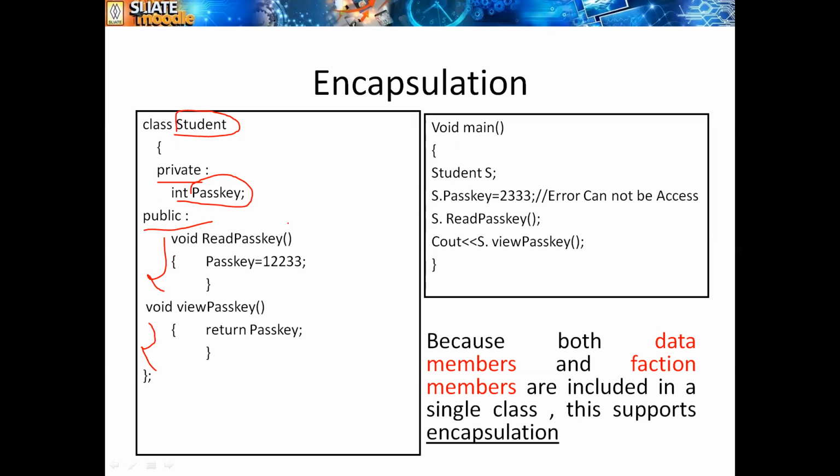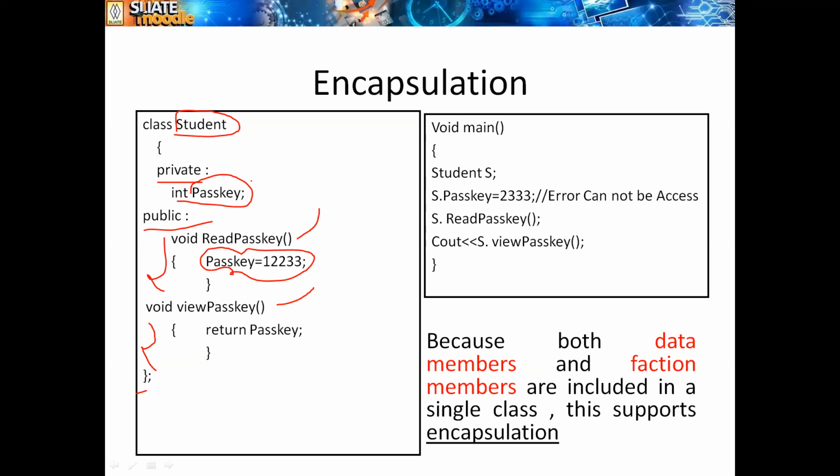This private variable can't be accessed outside the class, but the public methods can be accessed everywhere. In the public method, we assign a value to the private variable. Inside the class we can access the private variable.